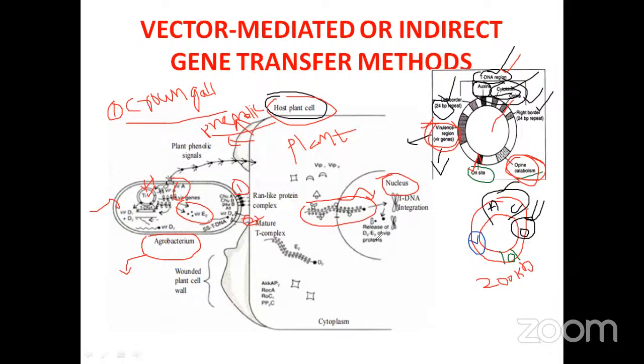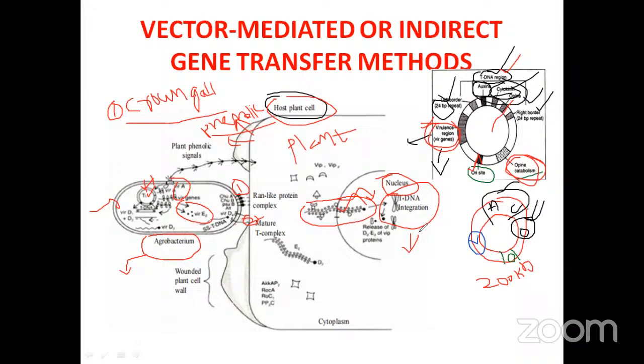The plant protein complex enters the nucleus through the nuclear pore complex and gets integrated into the plant chromosome. So finally, this single-stranded tDNA is attached to the plant cell nuclear genome. Now it becomes recombinant.